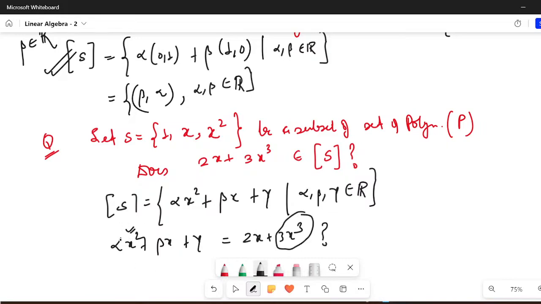The highest degree that the linear span would contain is 2, that is quadratic. It can never have this kind of term. So clearly, 2x plus 3x cube is not contained in the linear span of S. Is that clear or not clear? Please at least give me feedback on whether you are getting the point or not.